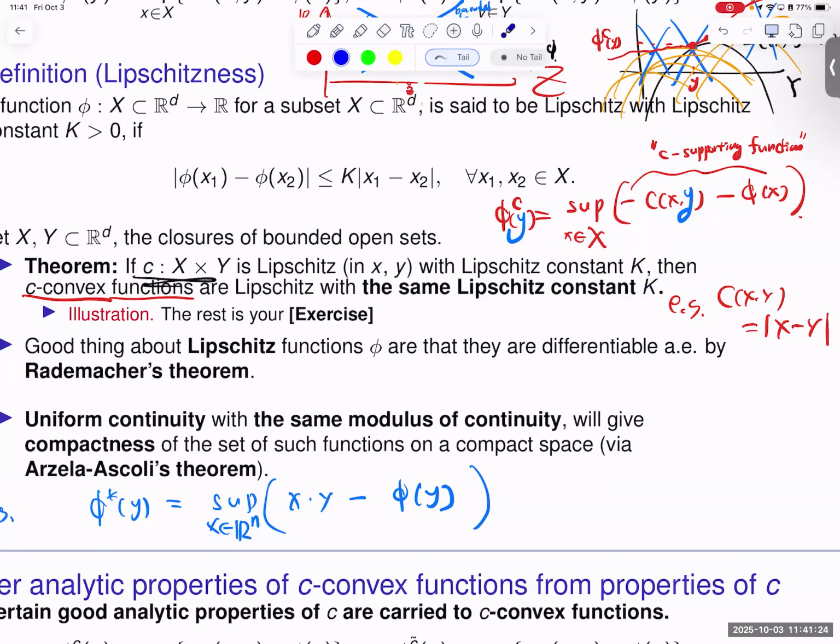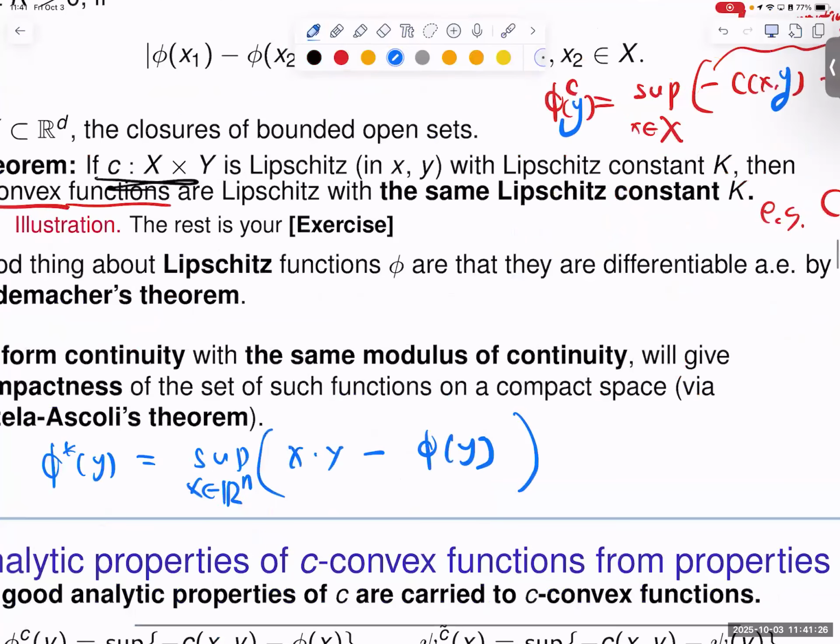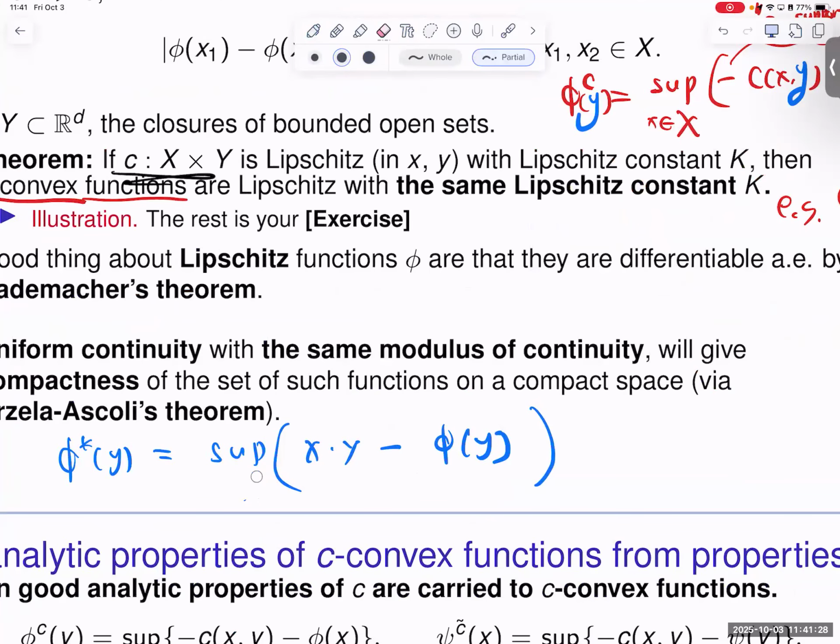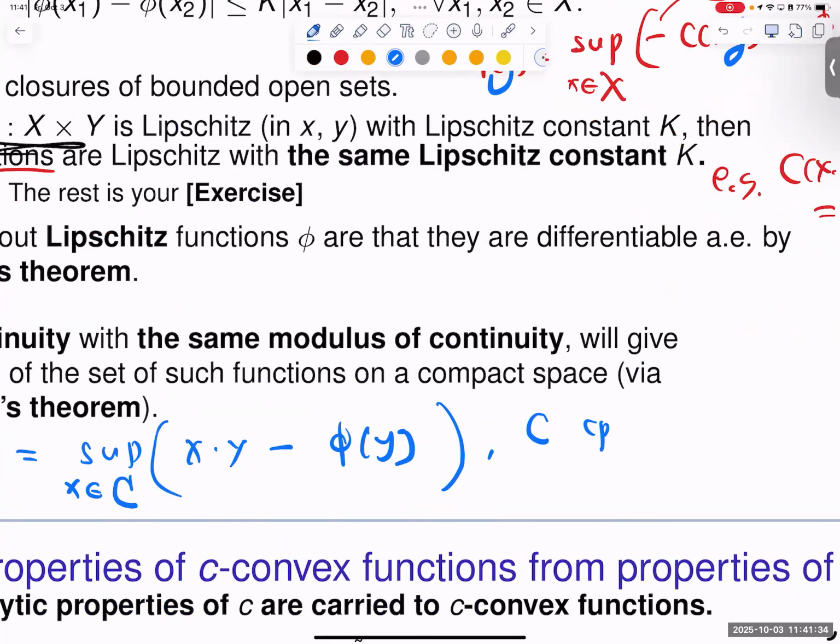But you can if your x comes from some set, say C is a compact subset of R^n, then the slopes of this x are bounded.